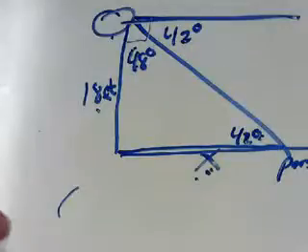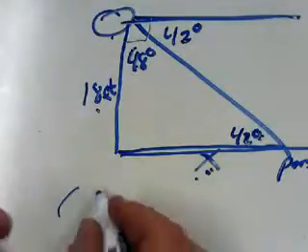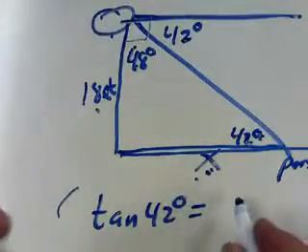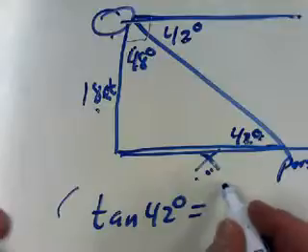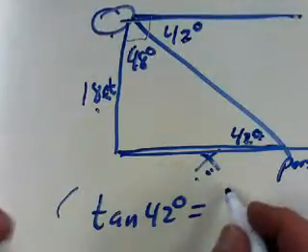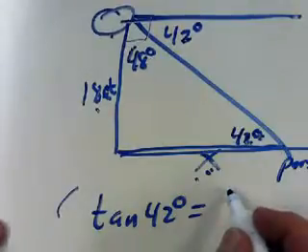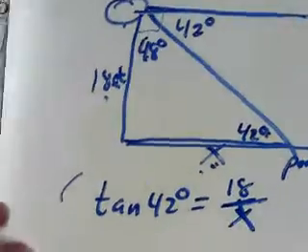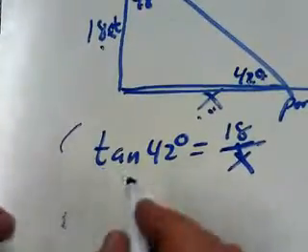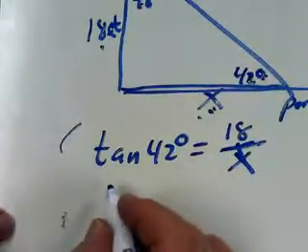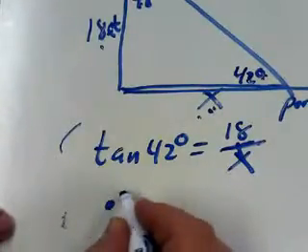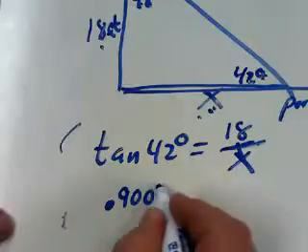So can I use tangent of 42 degrees equals what then? Equals 18 over x. So what's tangent of 42 degrees on your handy dandy little calculator? 0.9004. There you go, there's that.